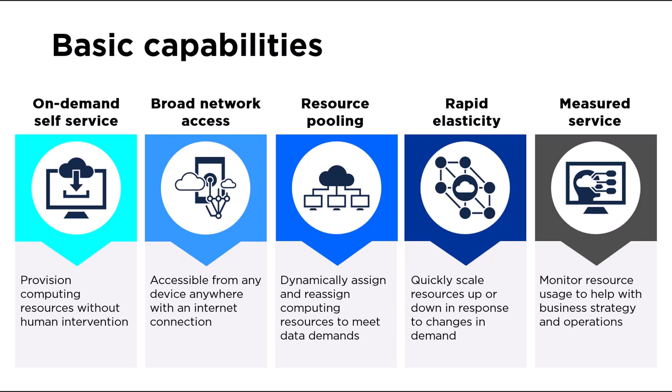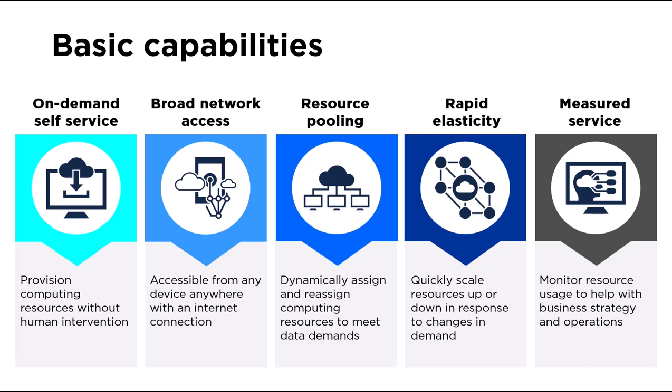The basic capabilities of cloud computing start with on-demand self-service. So with a click of a button, you can provision computing resources without human intervention. You could go to Microsoft, Amazon, Google, type in the requirements, and spin up some servers that you need right with a click of a button.